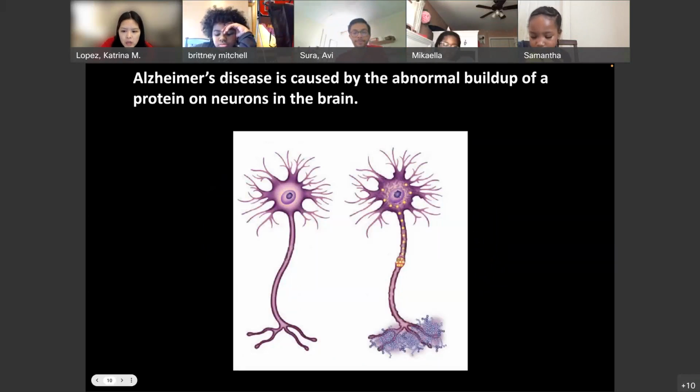So before we talk about these different causes of Alzheimer's disease, I'm going to give you guys a quick pop quiz. Can someone tell me what a neuron is? Avi went over it a few slides ago. It has something to do with the nervous system.